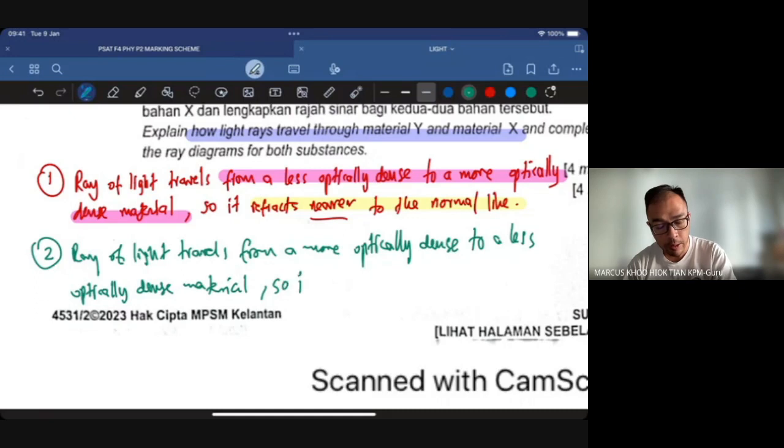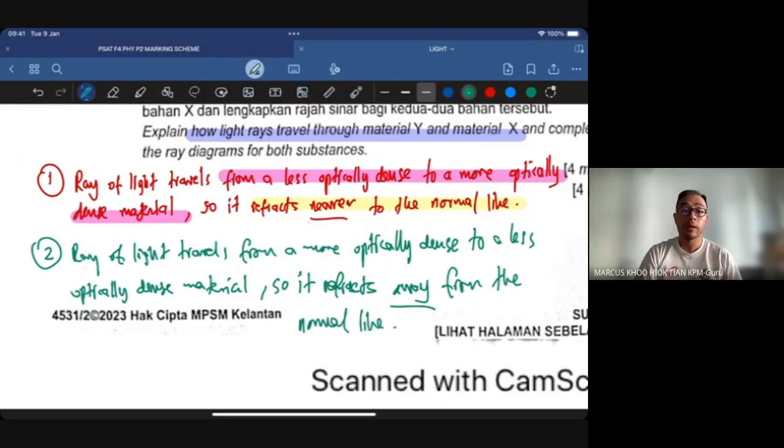So it refracts away from the normal line.